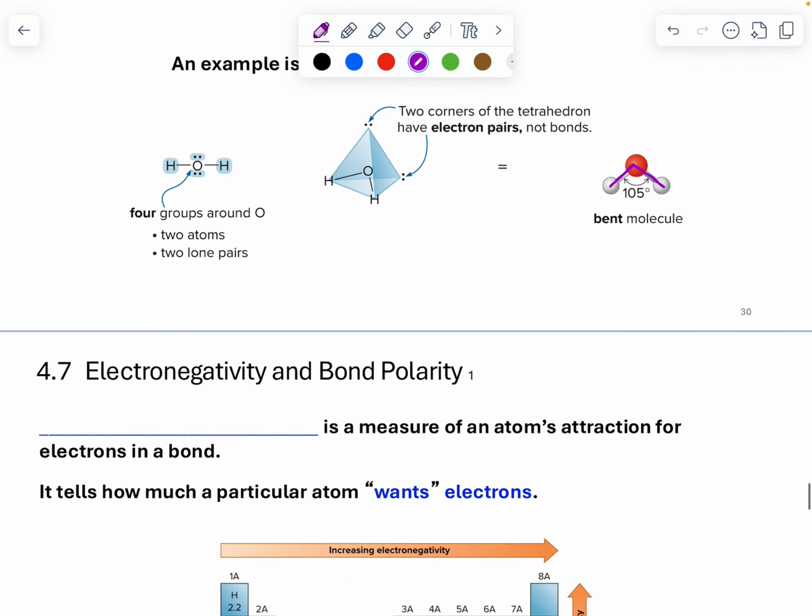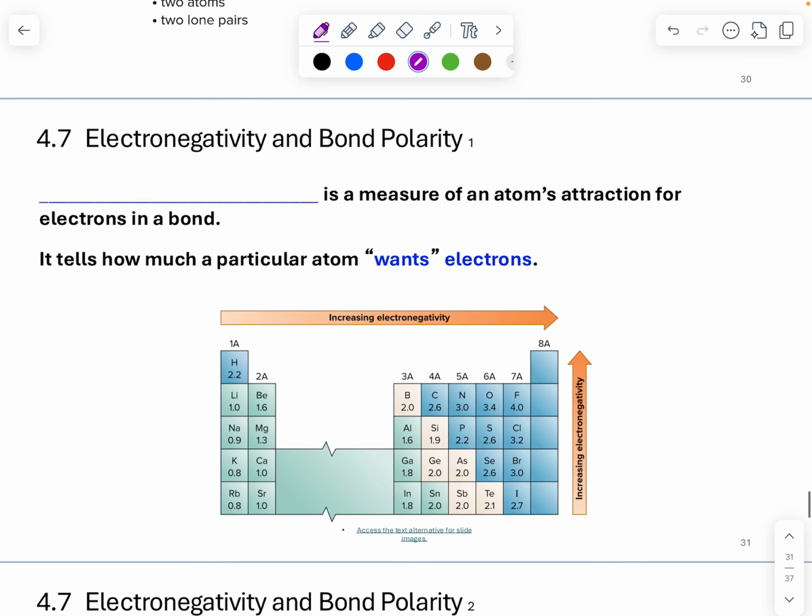All right, let's discuss a little bit about electronegativity. So electronegativity is a measure of an atom's attraction for electrons in a bond. Remember, a bond is made of 2 electrons, and there are certain atoms that have a stronger attraction for those electrons in the bond, and they are said to have a high electronegativity.